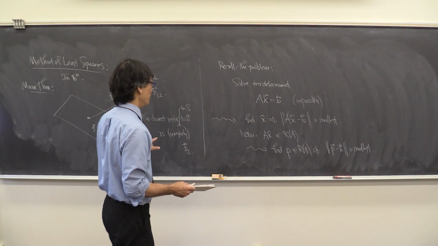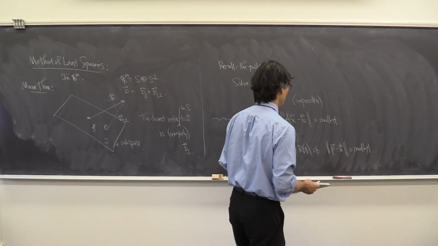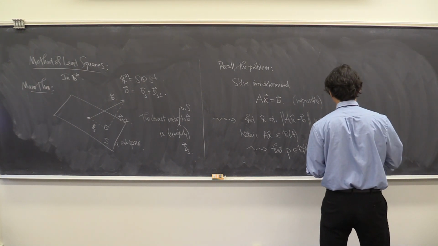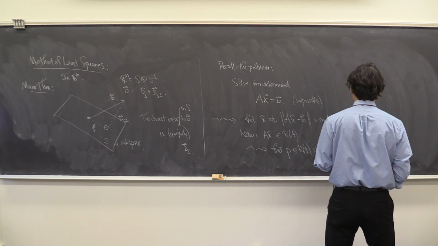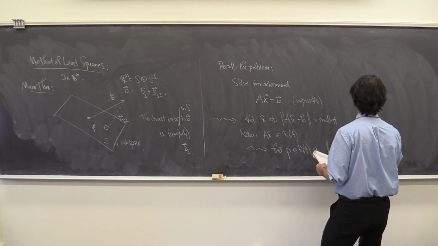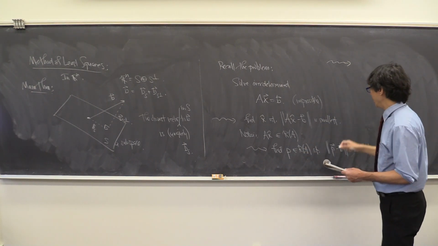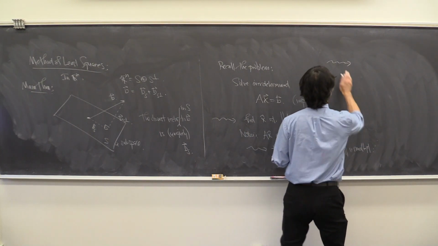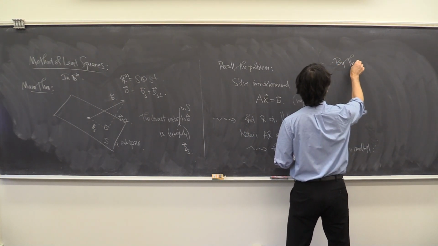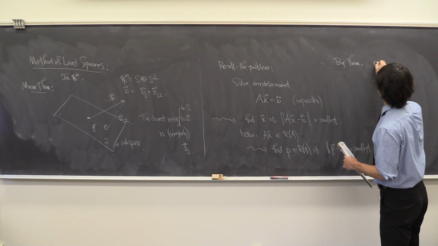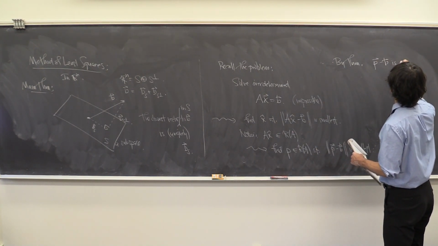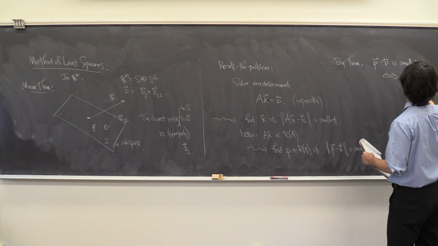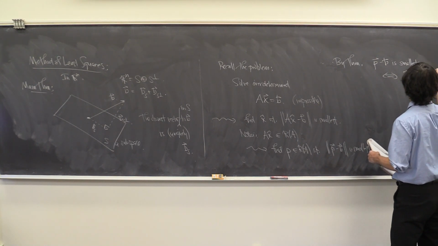Right? But then you see that you can change the problem again. By the theorem, you know that this thing is smallest if and only if this thing is in RA perp.